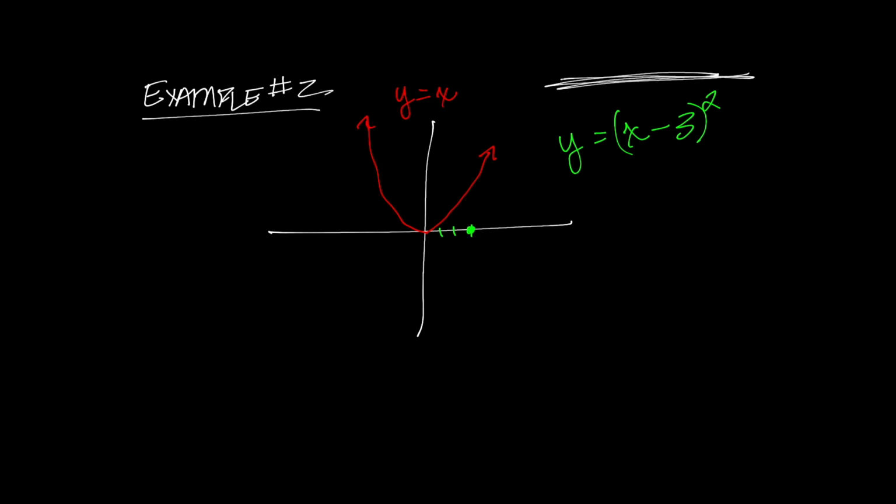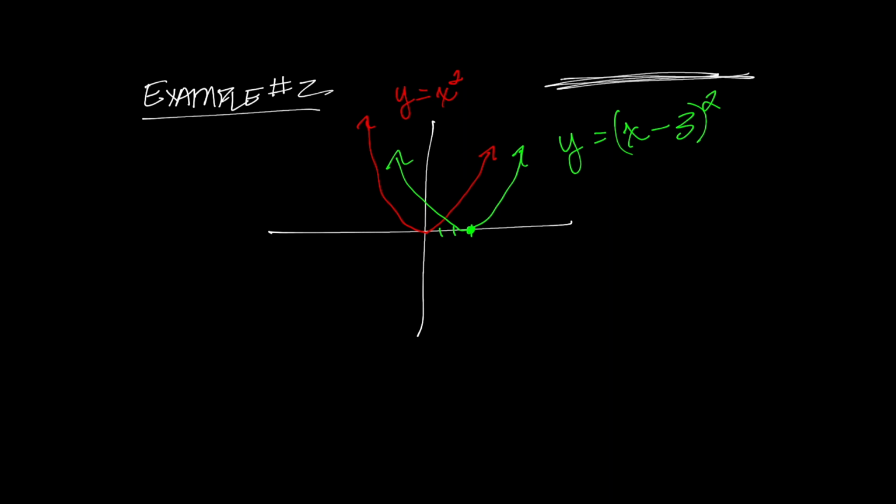So my vertex will be here, and it's the exact same shape as the parent function, y equals x squared. I forgot my square there. But it's just slid 3 units to the right. The minus moves it to the right. So again, counterintuitive, just like the previous example.